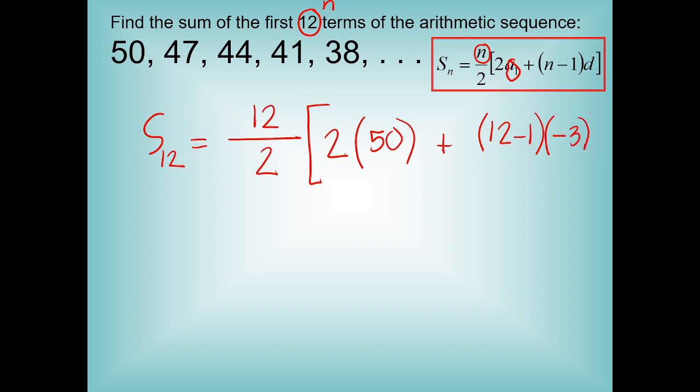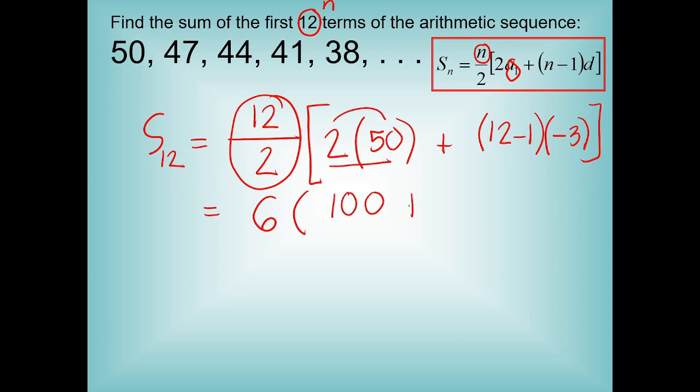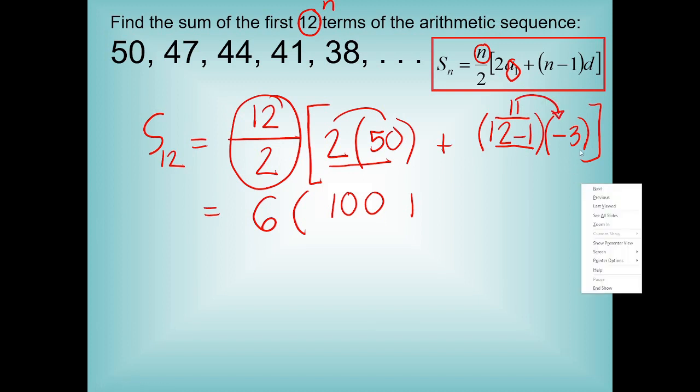Negative 3. Okay, let's do the operations here. Let's start with the division. How much is this? 6. Then what your classmate said, 100. We will subtract 11. Multiply that by negative 3.